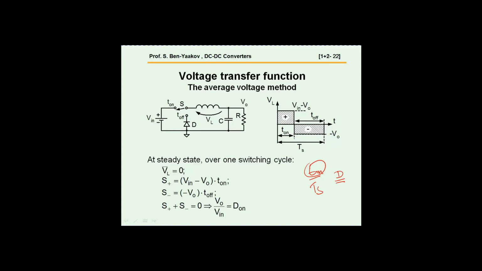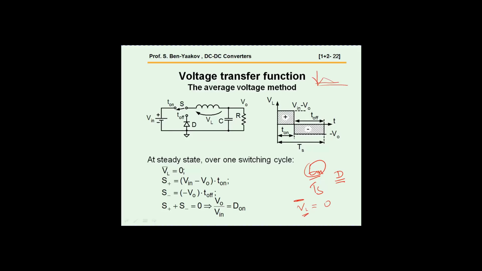There's another way to analyze the operation of the buck, which is shown here, which is based on the idea of average voltages. We have said at the beginning of this presentation that in stable operation, the average voltage across the inductor must be 0, because if it is not, then the current will keep changing until it reaches very high values. Now, if this is a stable operation, and we assume that the current goes up and down to the same value, this means that the average voltage is 0.